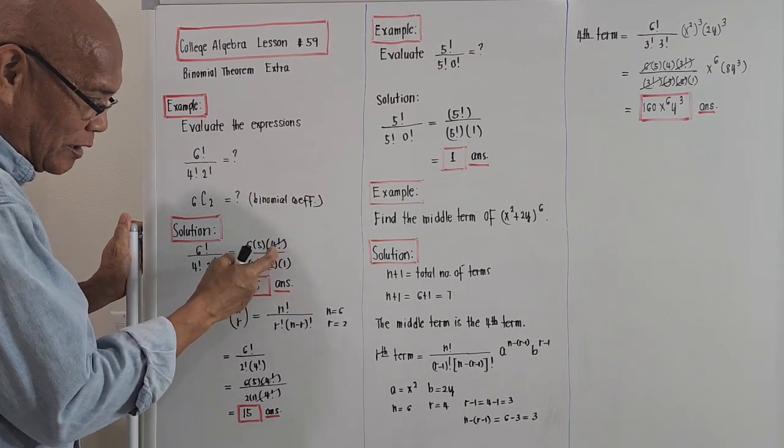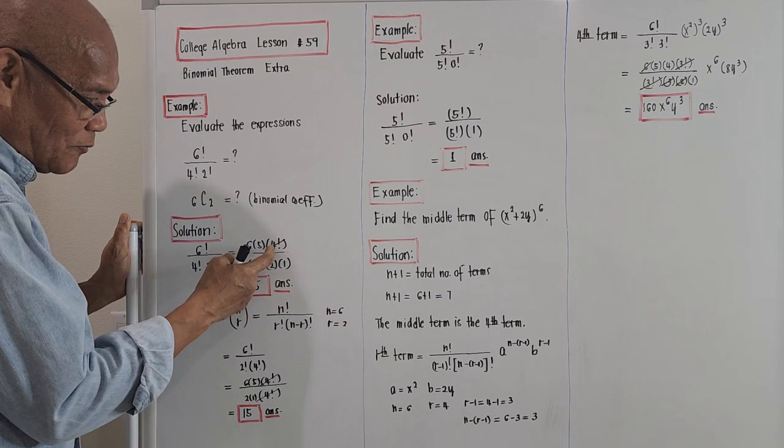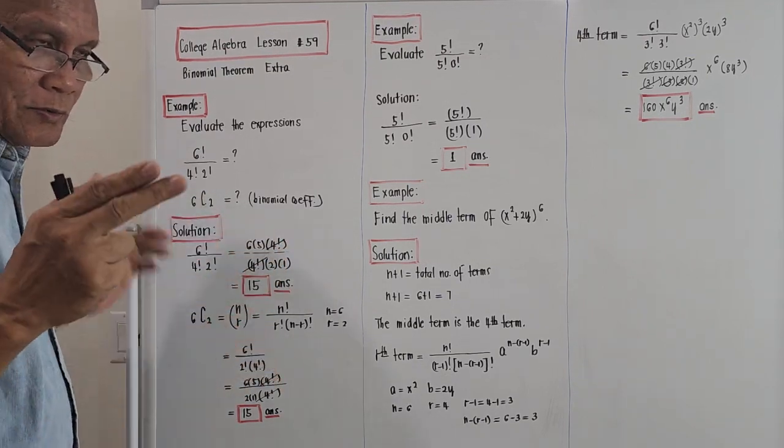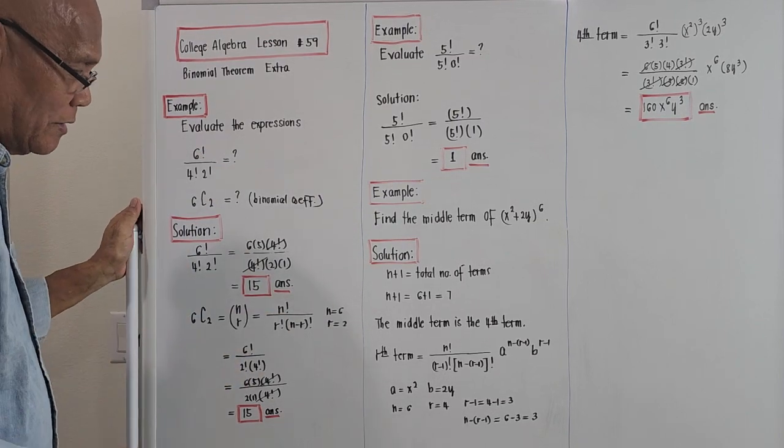We can write it simply as 4 factorial because we are thinking of some cancellations later on.